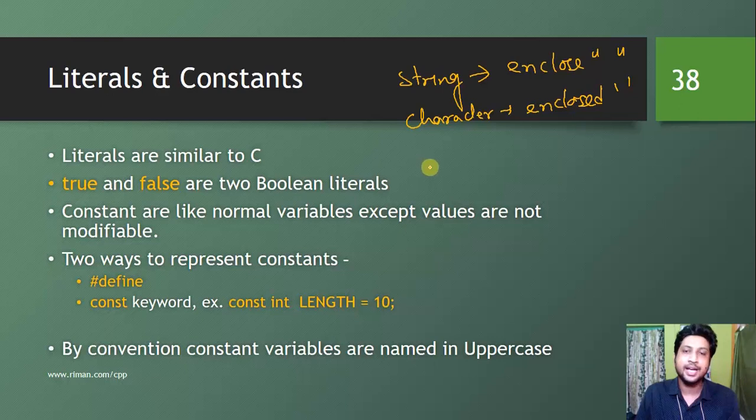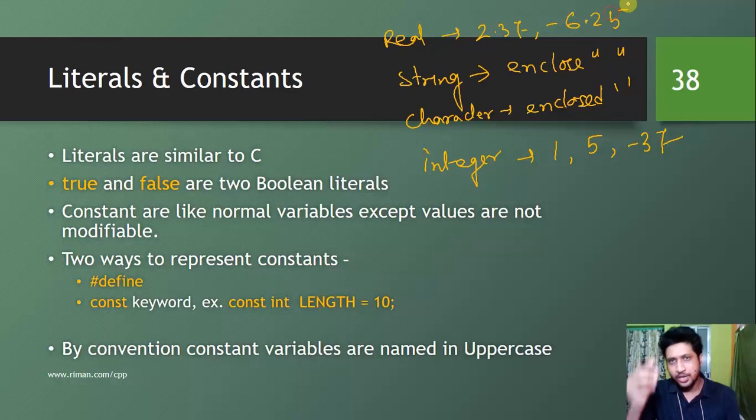Then we have integer literals or numeric literals, like the whole numbers 1, 5, minus 37. And then we have real literals or real numbers like 2.37, minus 6.25, or rather fractional numbers. These are similar to what we used to have in C.